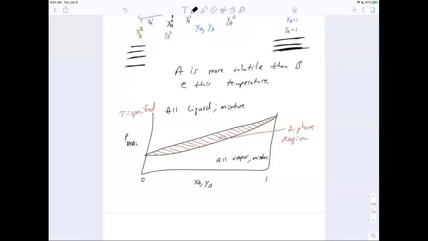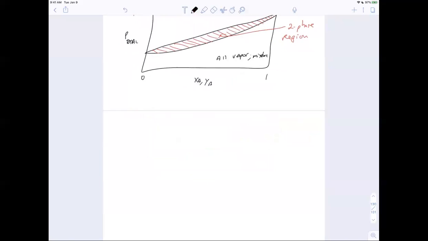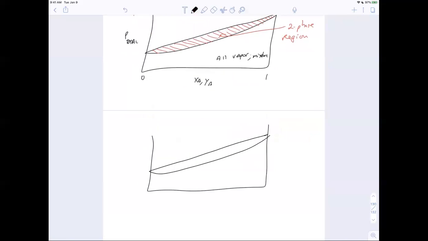Okay, so let's say you start with a certain amount of liquid. I'm going to keep redrawing these things. And so let's say you start with a point here where you have all liquid.